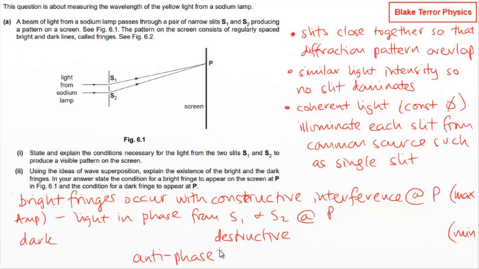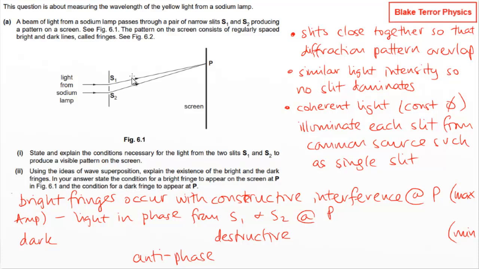You can write it that way. I find it easier just to write that they're in phase if they're constructively interfering, and in antiphase if they're destructively interfering. Then you don't have to worry about whether they're in phase at S1 or S2 or not. That's neither here nor there, because they can be coherent and have this constant phase difference.